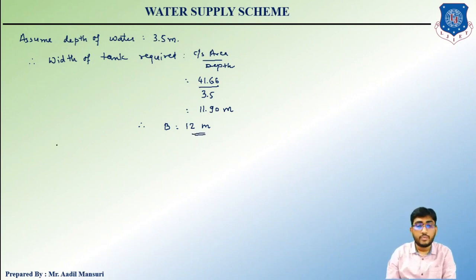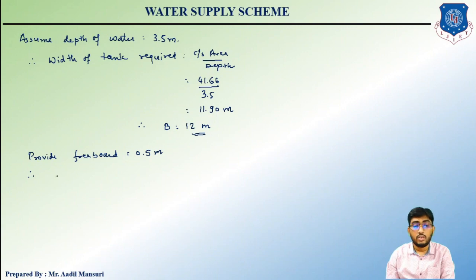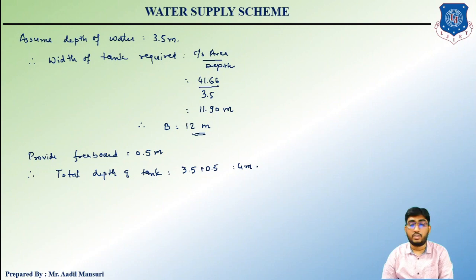Okay, now provide freeboard of 0.5 meter. Therefore total depth of tank will be equal to 3.5 plus 0.5, that will be equal to 4 meter.